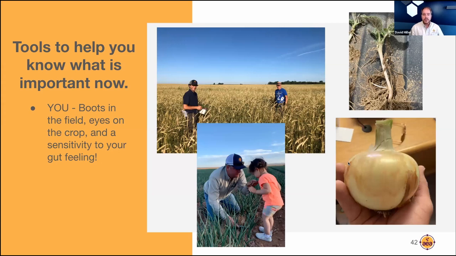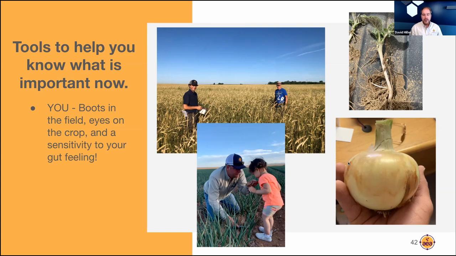Be out in the field, get your boots on the soil, get your hands in there, look at the crop, see what you're looking at, and have some level of sensitivity into what you're feeling. If it feels like something's not quite right with this crop, dig into it, try to understand it. Because the reality is you can grow potatoes without fumigation, you can grow organic onions that are amazing.